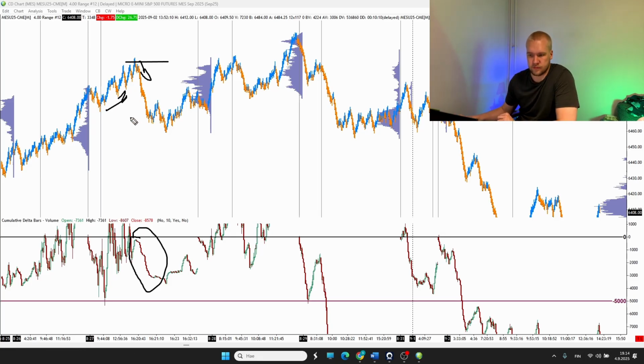Now, let's say your target is somewhere over here. This is just a random example I thought of. So your target is somewhere over here, and there's a pullback. You don't really think much of it. Maybe you put your stop loss right there, trail it down, and you can see that price starts to head down again. So this is a good sign.